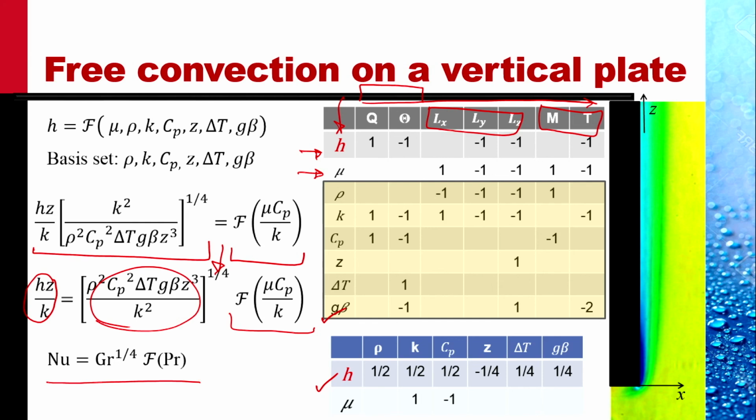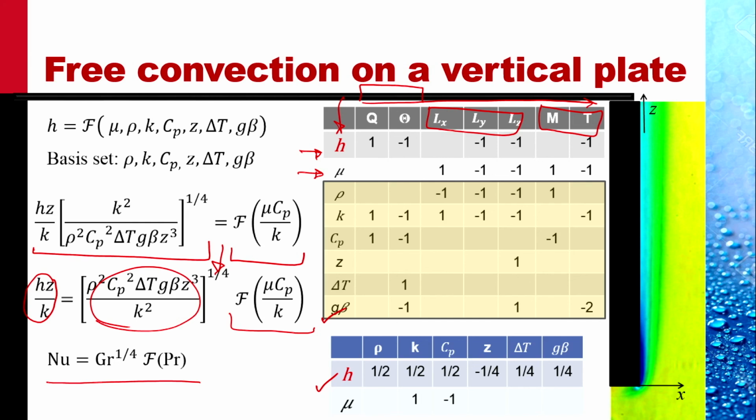The last time we did it, we obtained Nusselt number as a function of Grashof number and Prandtl number. How it depends upon Grashof number was not obtained by dimensional analysis, but using the directional analysis as presented here, we have been able to establish that Grashof number should enter the relationship as 1/4 power.